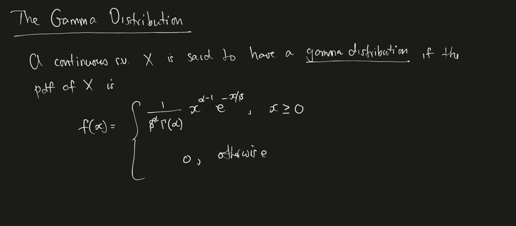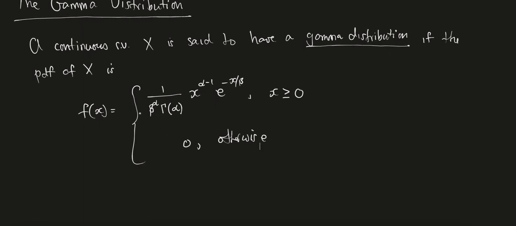Right? Well, so what are all these letters? Well, the gamma here is the gamma function that we previously defined, and then alpha and beta are the parameters of this distribution.